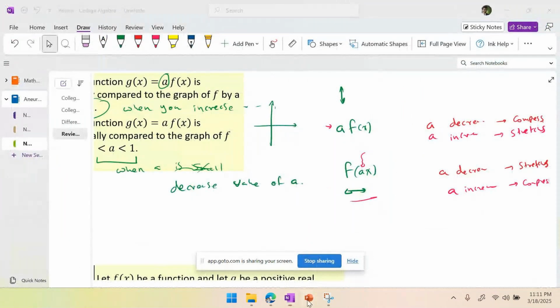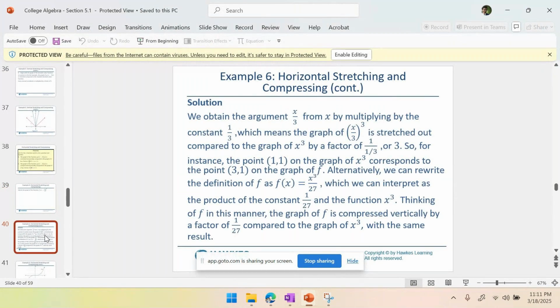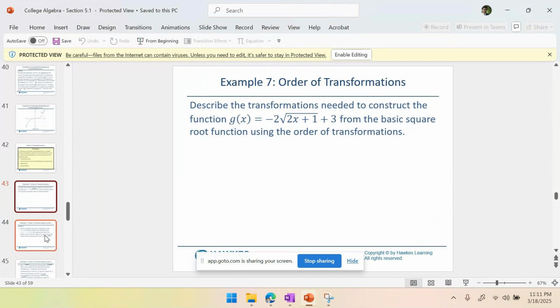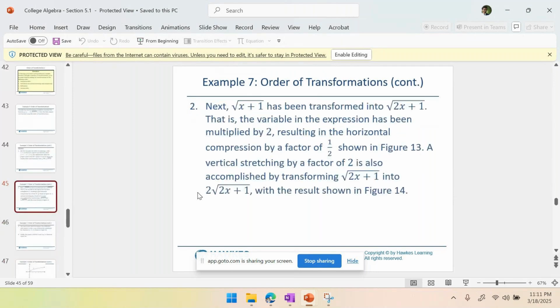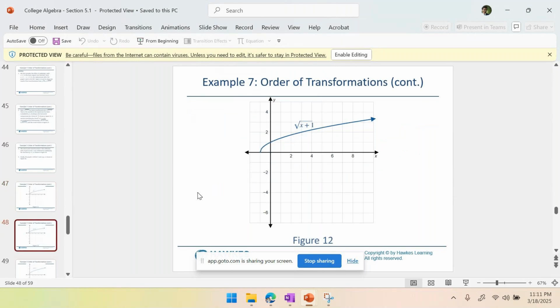Okay, so those are all the transformations we have done. And what you should be able to do is, when they give you something like this, you should start from the simplest form, and you should be able to transform it step by step like this into the given original function.